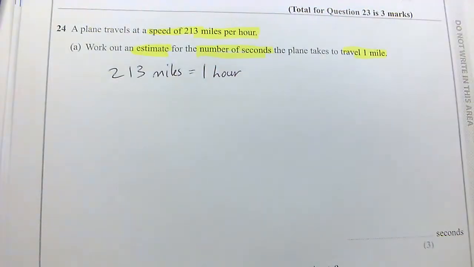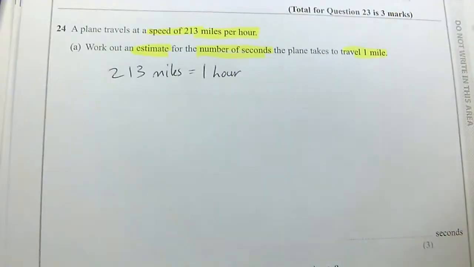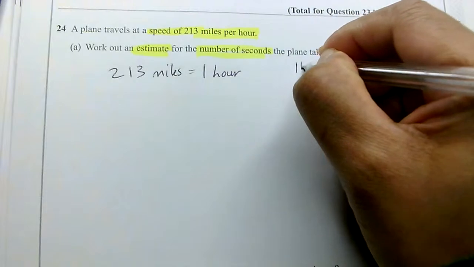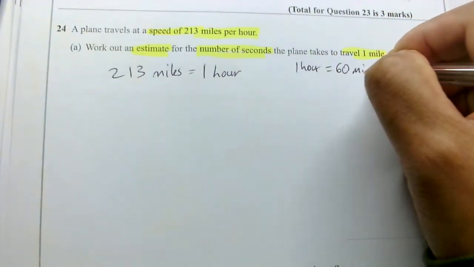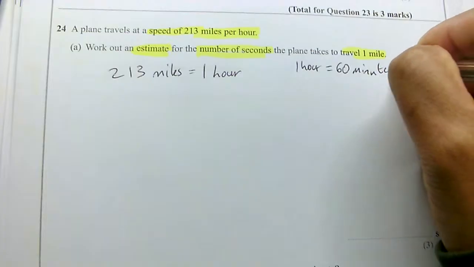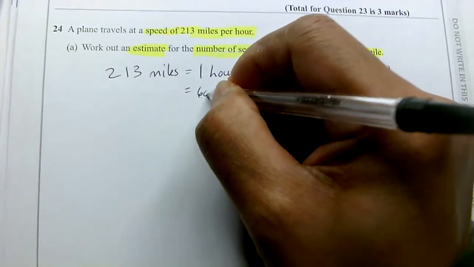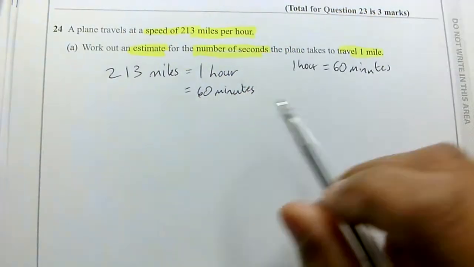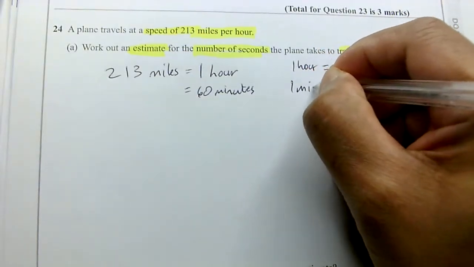Okay. Now we can change the hours into seconds. How many seconds are there in an hour? So 1 hour equals 60 minutes. Okay. And now, we've got that 60 minutes, but that doesn't help us. We need to take this into 60 seconds. So 1 minute is 60 seconds.